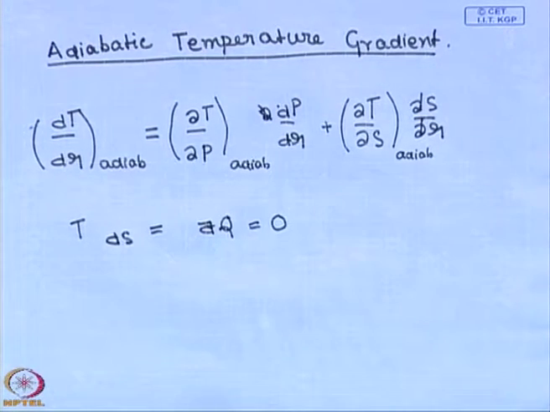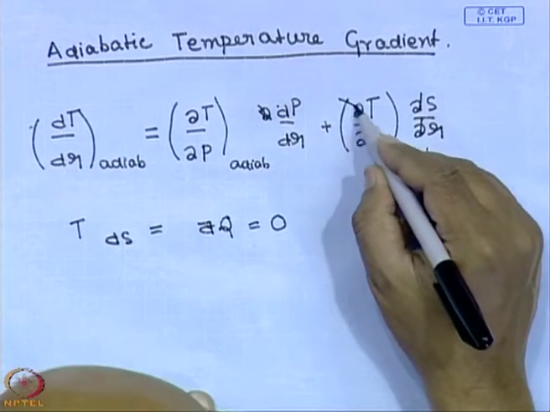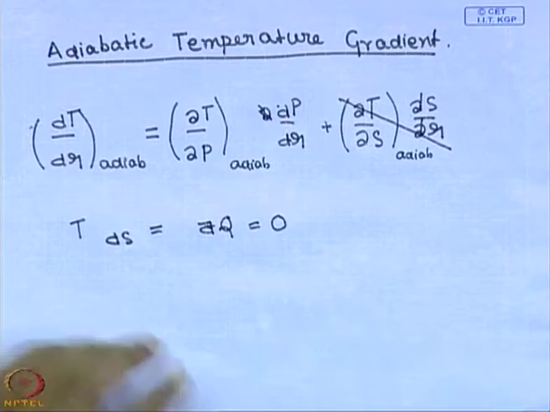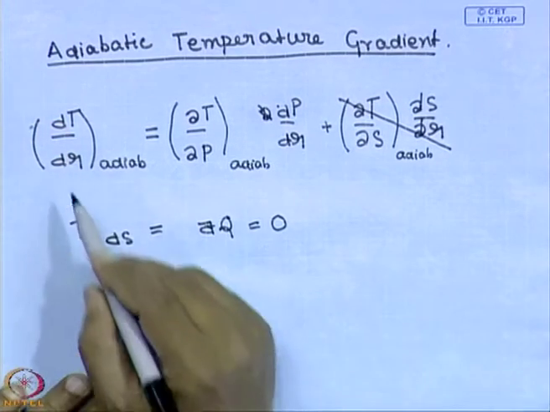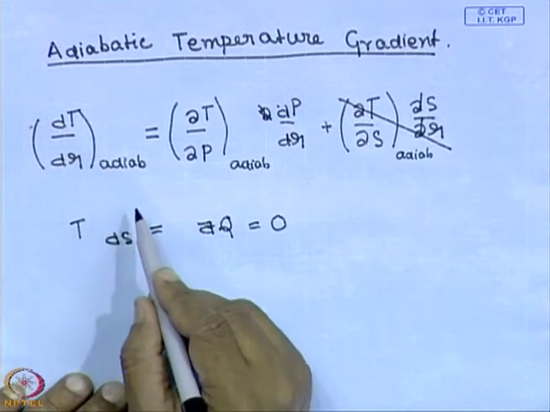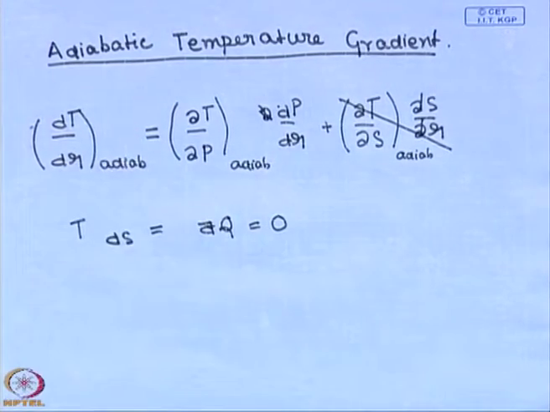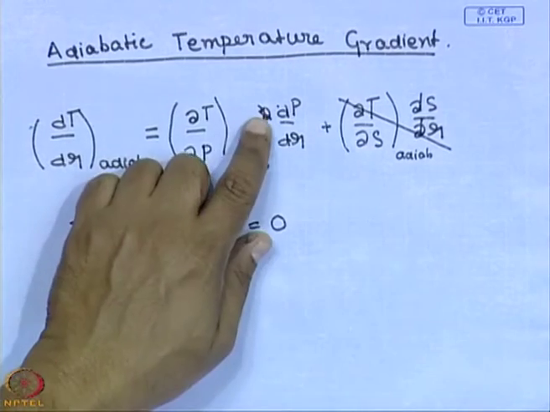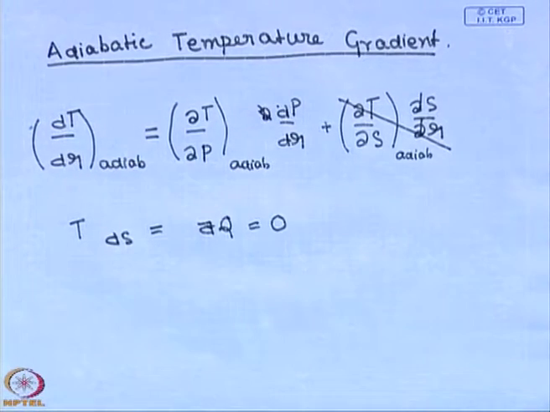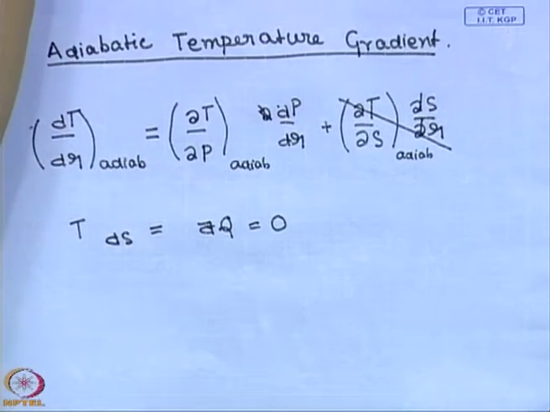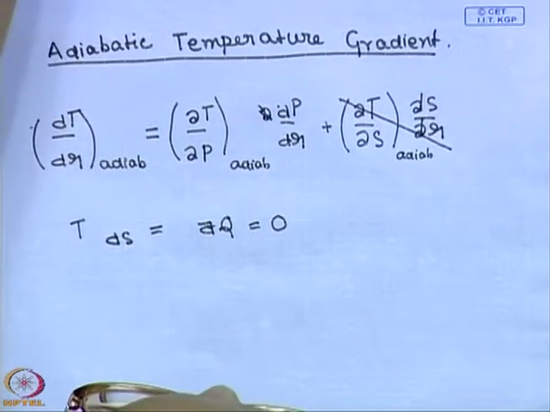So, in an adiabatic process this term does not contribute, and we have that the temperature gradient is equal to the derivative of the temperature with respect to the pressure into dP/dr, the pressure gradient. And we already have an equation for the pressure gradient.